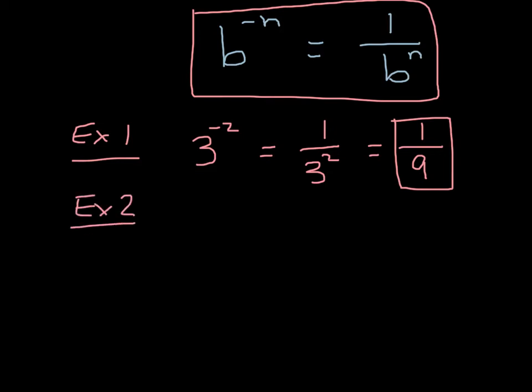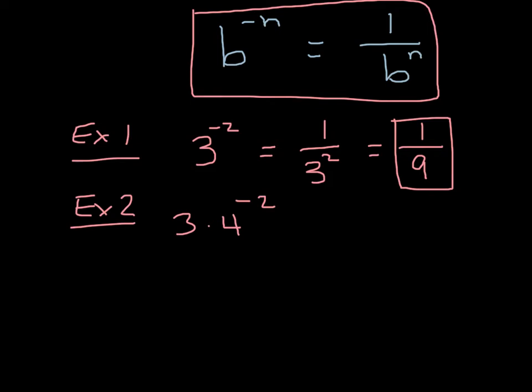In my next problem, I'm going to have 3 times 4 to the negative 2 power. Now this problem has a lot less to do with negative exponents and has mostly to do with the order of operations. I see both multiplication being shown and powers being shown, and we know we should be doing the powers first.